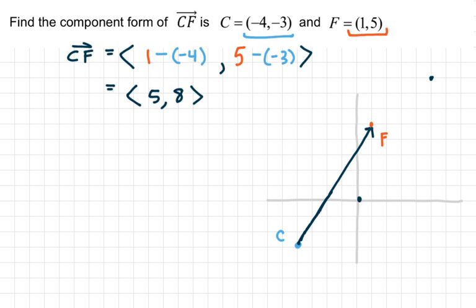So from the origin to 5, 8, you'll notice that vector is the same exact length as CF, and it has the same angle or direction. So these are two equivalent vectors. This is the vector CF in component form. It is <5, 8>, and if I'm to plot that component form <5, 8> as a position vector, it would look like this.